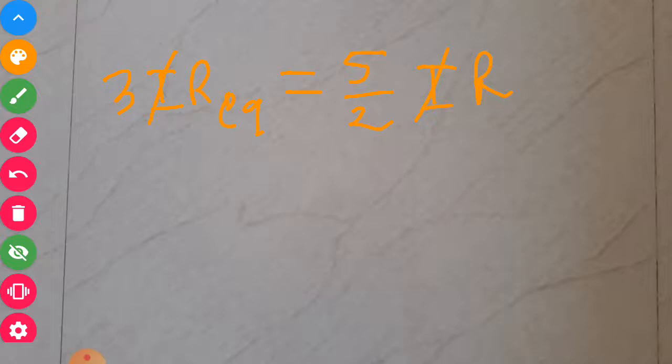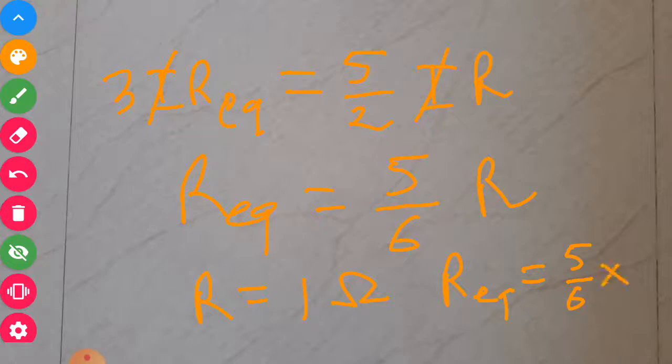Now you can write Req is equal to 5 upon 6 times R, and the value of R, that is the resistance of each edge, is given as 1 ohm. So Req will be equal to 5 by 6 into 1, so it becomes 5 by 6 ohm. So the resistance of that network is 5 by 6 ohm.